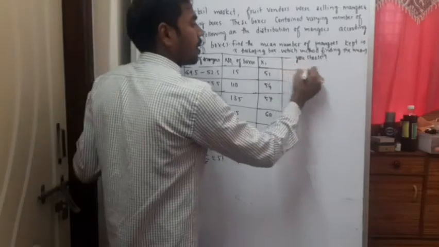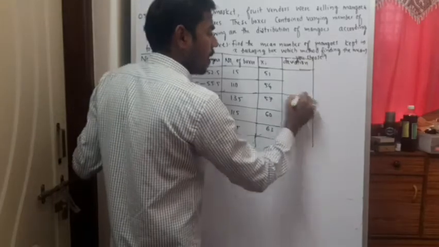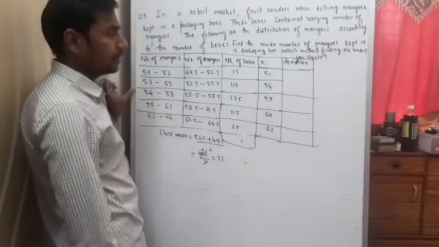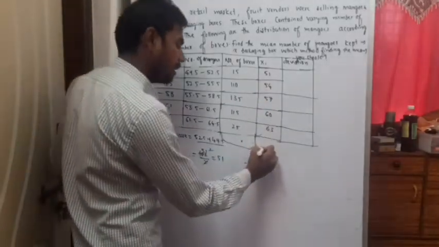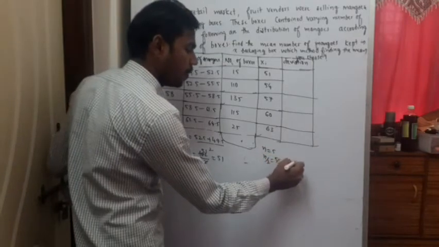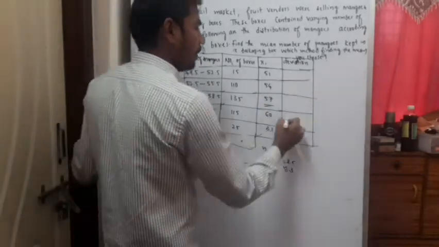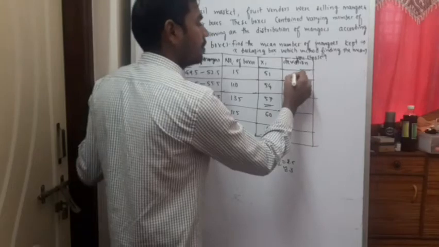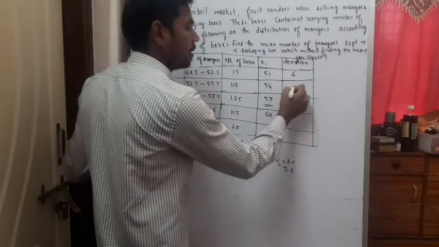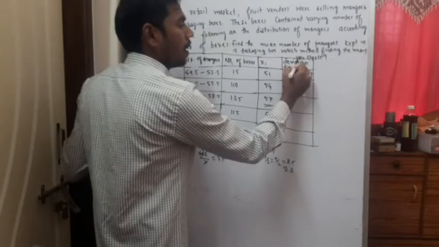Next, deviation. How will you get the deviation? What is the assumed mean here? We need to assume a mean here. How are you going to assume it? See, n is 5. So n by 2 is equal to 5 by 2, which is 2.5, so that will be 3, so that is 57. The deviation d is equal to x minus a.